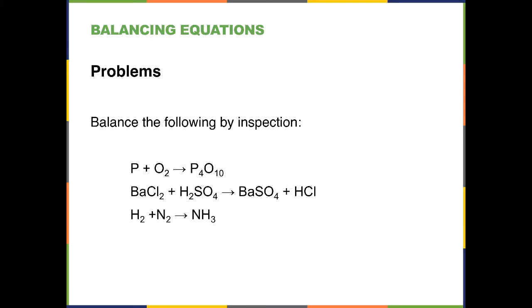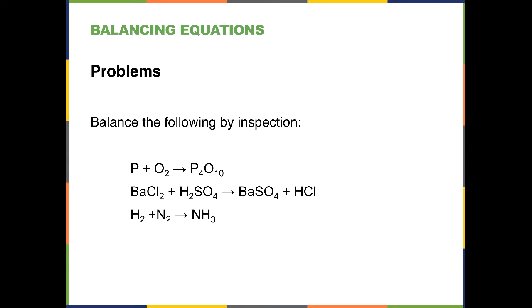If you were to balance this, you would know that you'd put a 3 in front of the hydrogen and a 2 in front of the ammonia. So your stoichiometric ratio is 3 to 1 to 2. 3 molecules of hydrogen, 1 molecule of nitrogen to form 2 molecules of ammonia, or 3 moles of hydrogen, 1 mole of nitrogen to form 2 moles of ammonia.